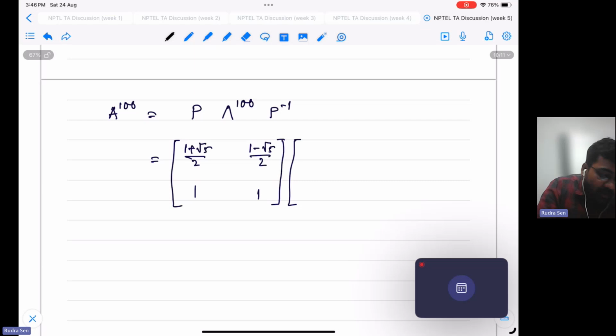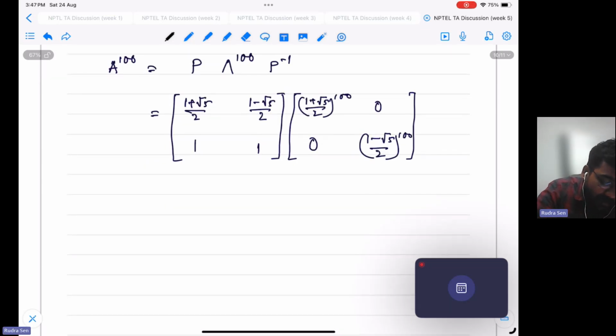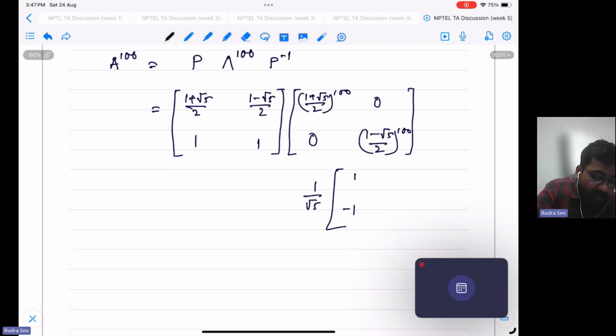And here lambda is (1 plus root 5)/2 whole to the power 100, 0, 0, (1 minus root 5)/2 whole to the power 100, and then multiply with P inverse. P inverse is basically 1 by root 5 times 1, minus (1 minus root 5)/2, minus 1, and (1 plus root 5)/2.